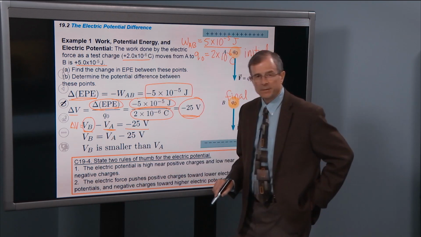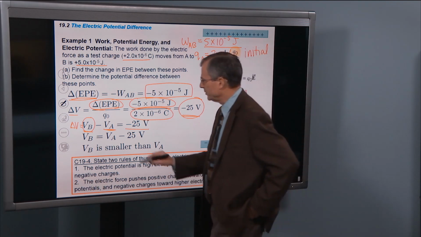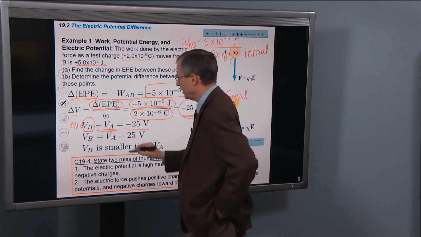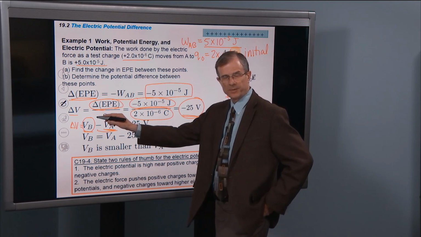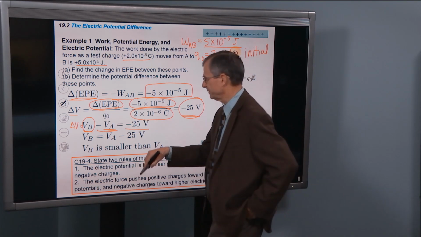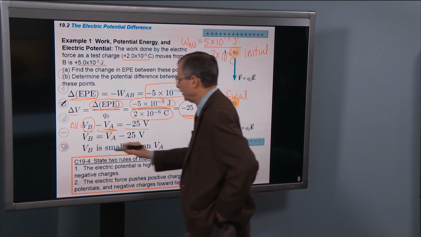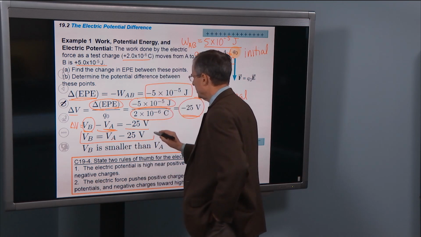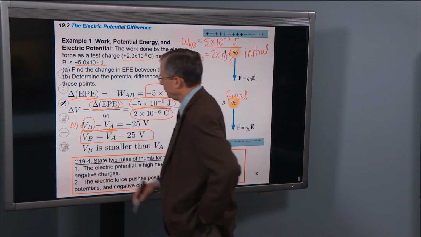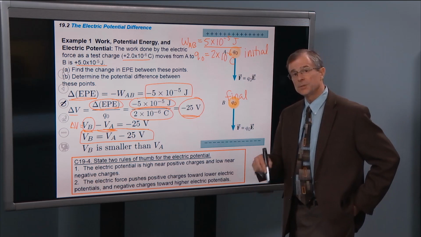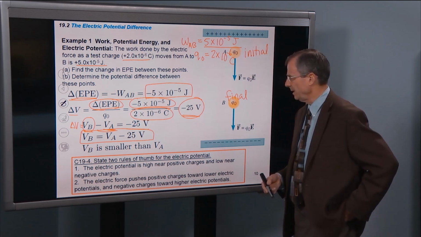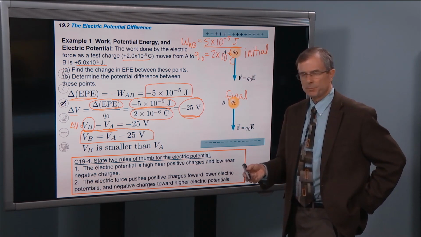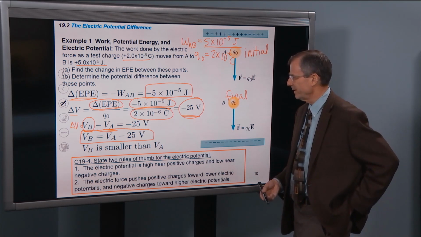And how would we find VB? Well, we could just add VA to both sides of the equation. If we add it to the left, the VA will cancel out on the left, and then it'll appear on the right side. So here we've solved for VB, the voltage at point B. It's equal to the voltage at point A minus 25 volts.